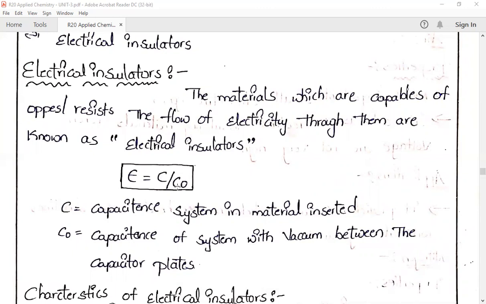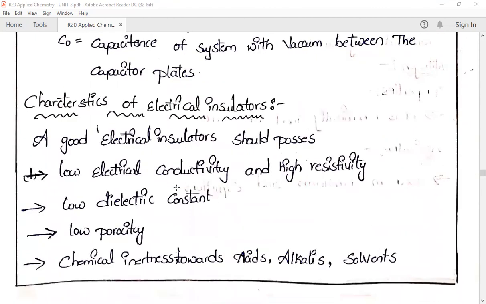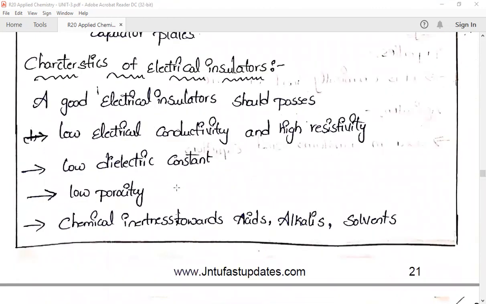Then coming to the characteristics of an electrical insulator. There are many characteristics.